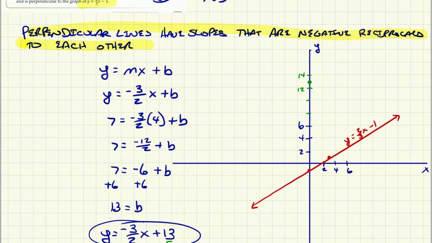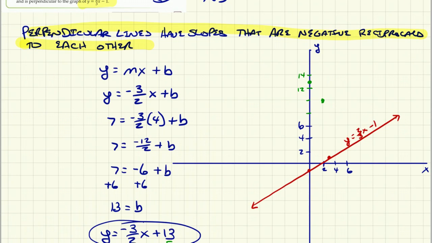And then the slope is -3/2, which means that we are going to go down 3, 1, 2, 3, and then over 2. So we're going to have a point there.